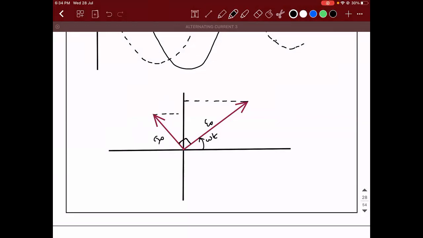When you drop a perpendicular, this height will be E naught sine omega t, and this height will be I naught sine omega t plus pi by 2. This is the phasor diagram for a pure capacitive circuit. So now we are able to understand. We say that the current is leading the voltage by pi by 2.